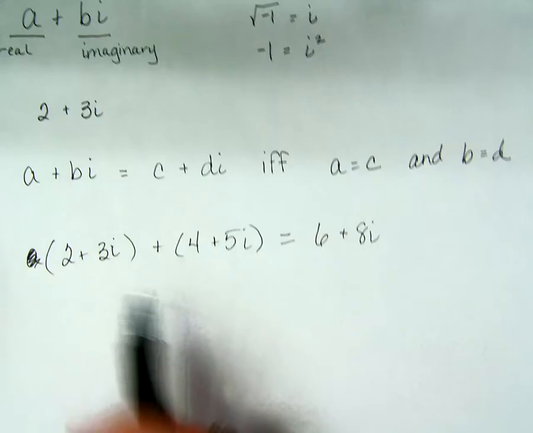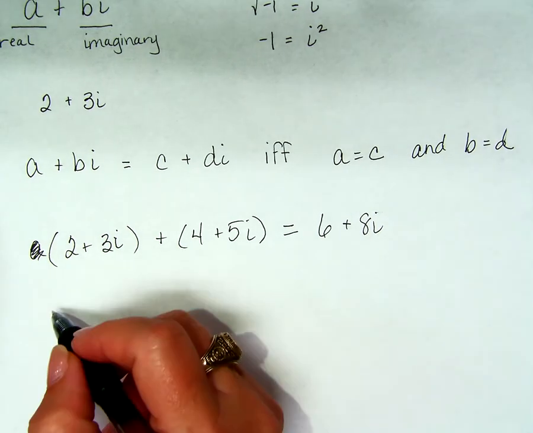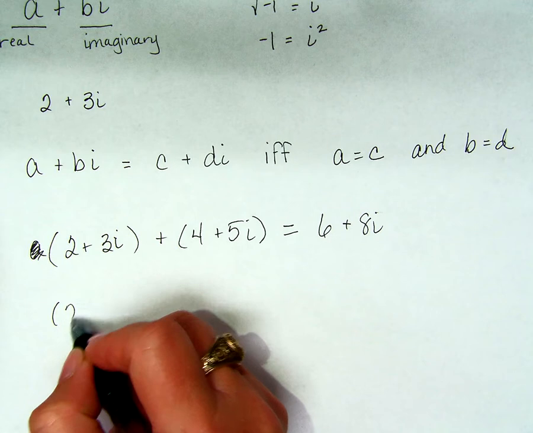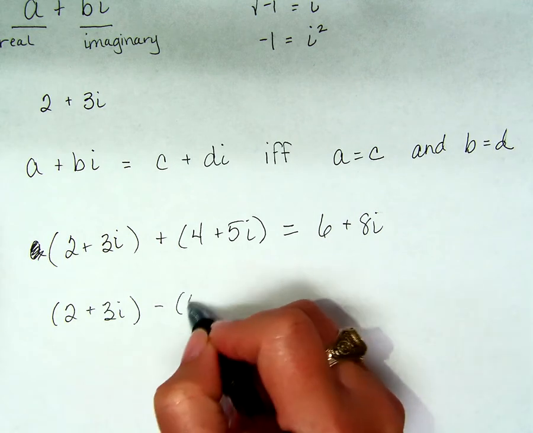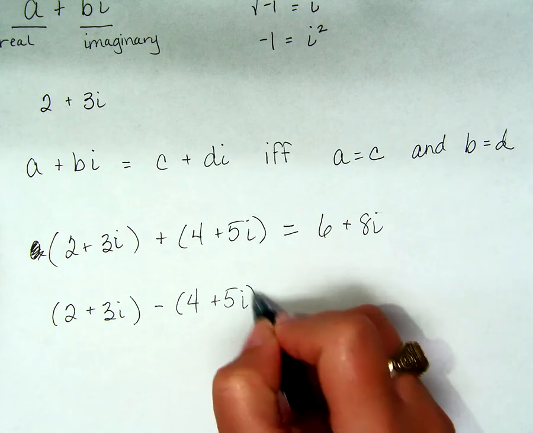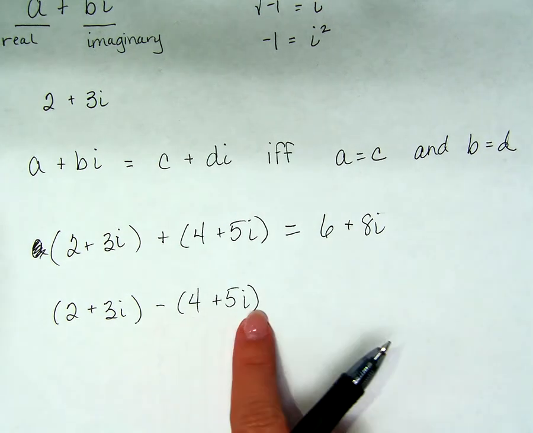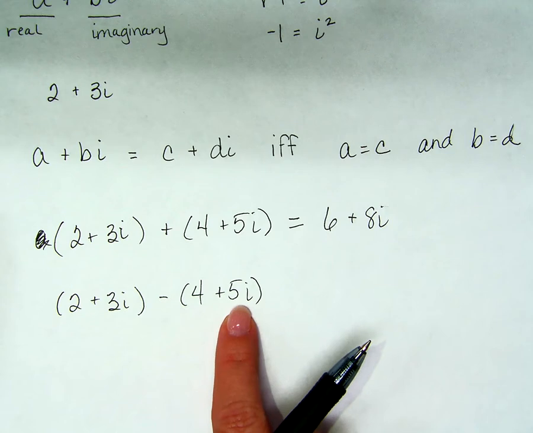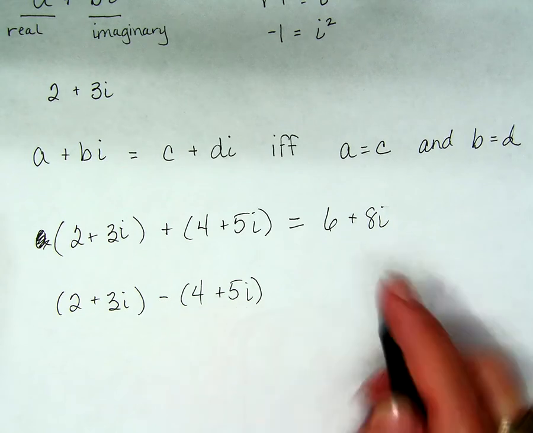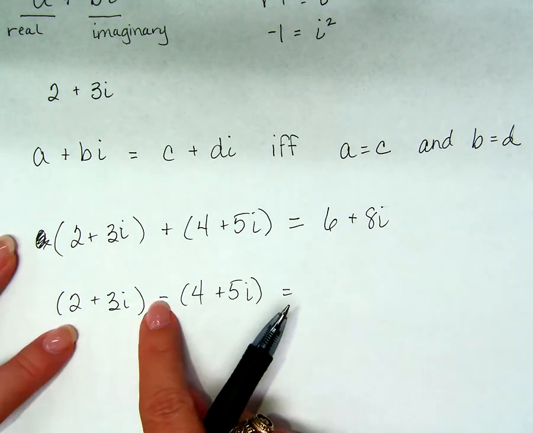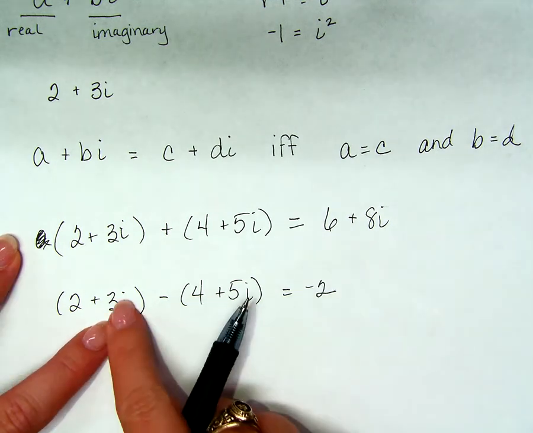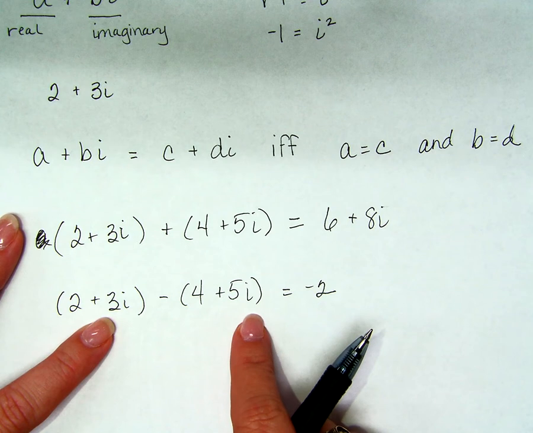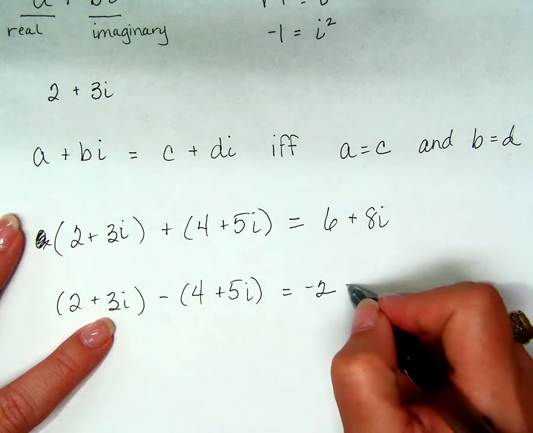Same way it works with subtraction of complex numbers. Okay. If I do 2 plus 3i minus 4 plus 5i, I just have to be careful to remember that I'm subtracting the entire complex number of the 4 and the 5i. So I would do 2 minus 4, which is -2, and 3i minus 5i, which is -2i.